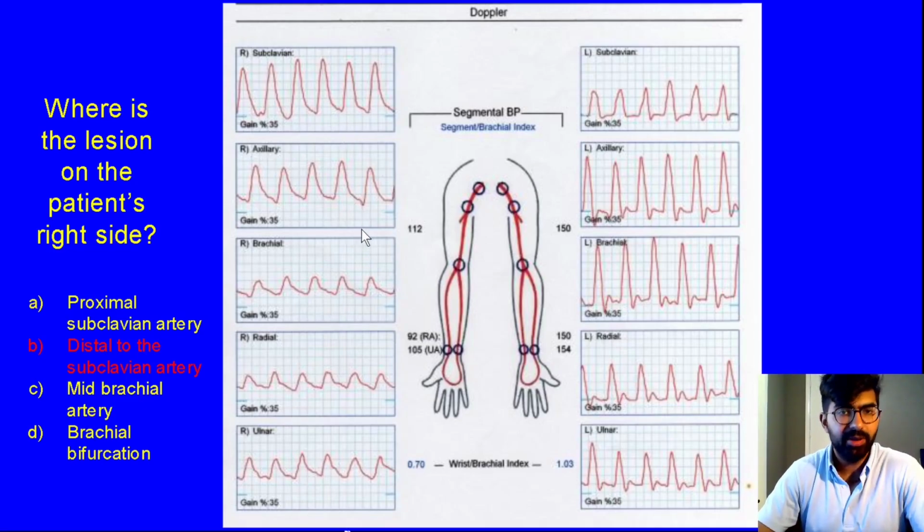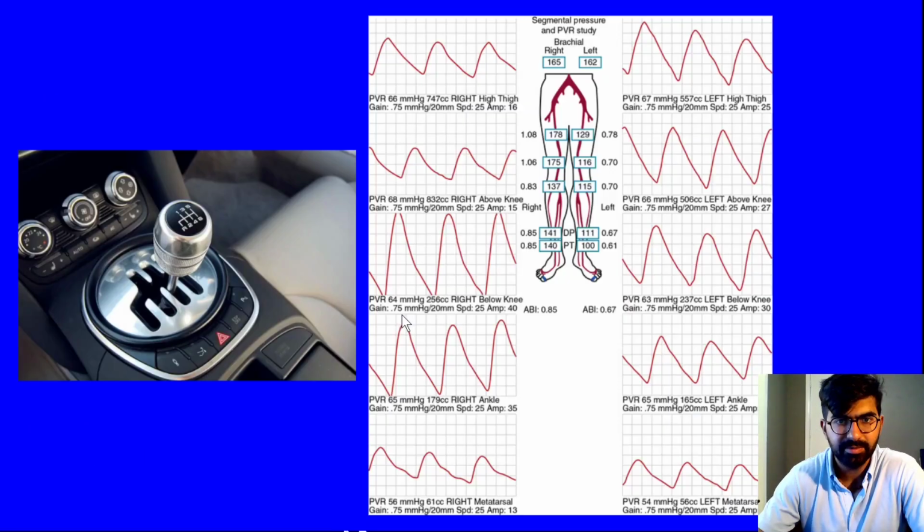The other factors that you have to look at is the change in amplitude. Clearly much smaller. And then you notice there's a significant change in amplitude as you get further down. Now, could you say it's the mid-brachial artery or the brachial bifurcation exactly? No, and that's a little bit of the test-taking skills as you undergo these exams.